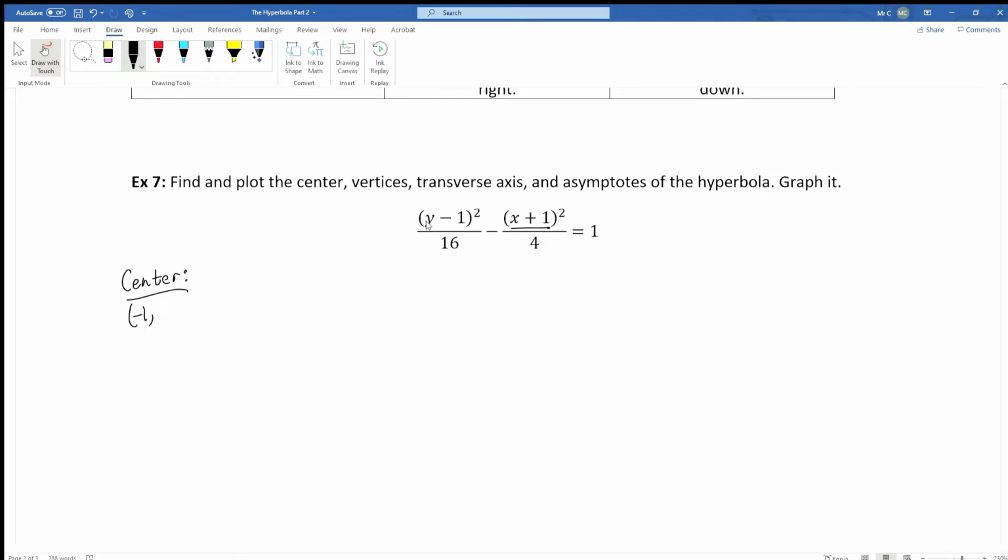And y is y minus 1, so that's positive 1 for k. So our center is at (-1, 1). And our value for a is 4, because a squared is 16, and b is 2, since b squared is 4. So now we'll just go ahead and start plotting.